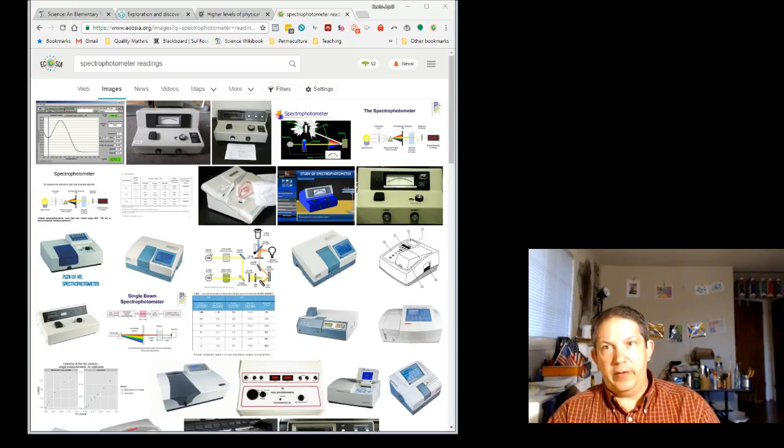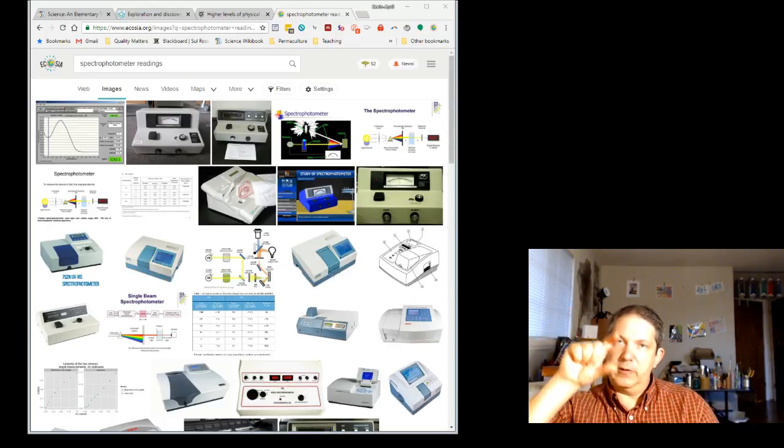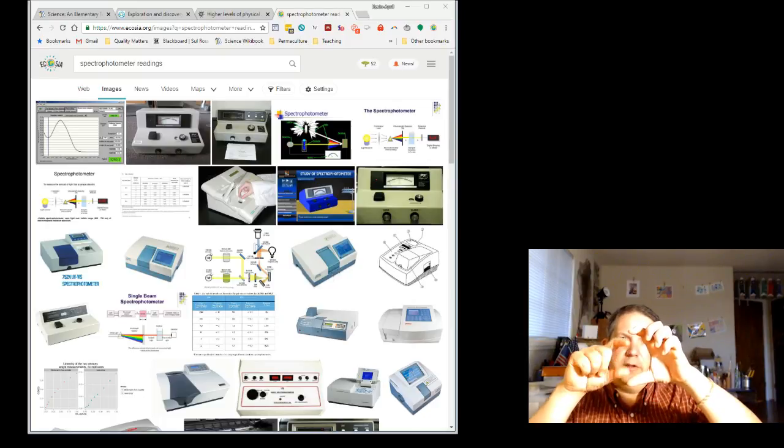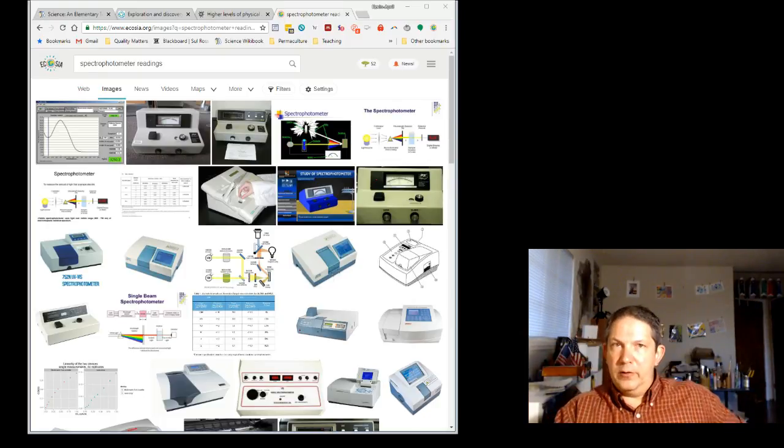So 7.93, 7.89, maybe another student gets 8.01 or something like that. So you're going to collect several samples and maybe take an average. And again, maybe you're going to have a range of values.